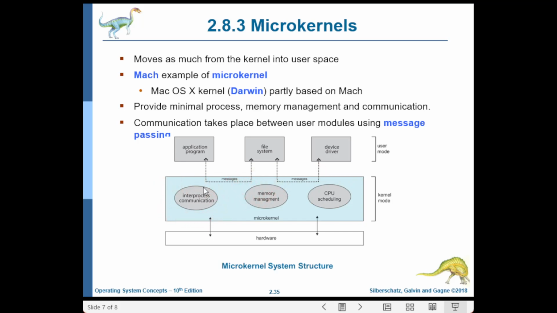Communication takes place between user modules using message passing. This means that when user modules want to interact, they need to use message passing, which is in a different address space.